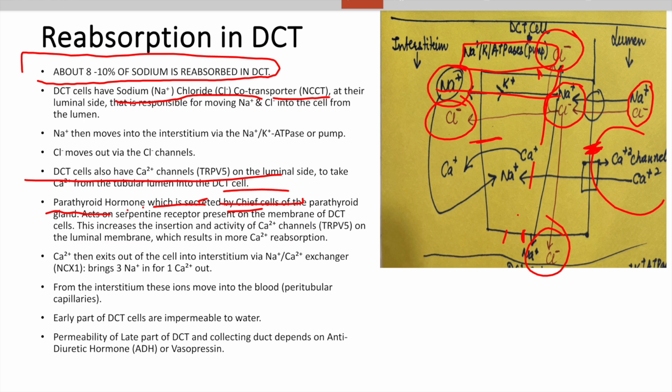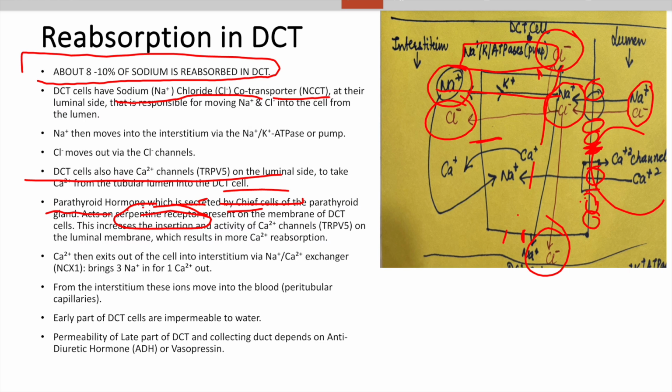Once this parathyroid hormone is released, it acts on the serpentine receptor present on the membrane of the distal convoluted tubular cell. Once this serpentine receptor is activated, it inserts more and more calcium channels on the luminal, or apical, side of the distal convoluted tubule.